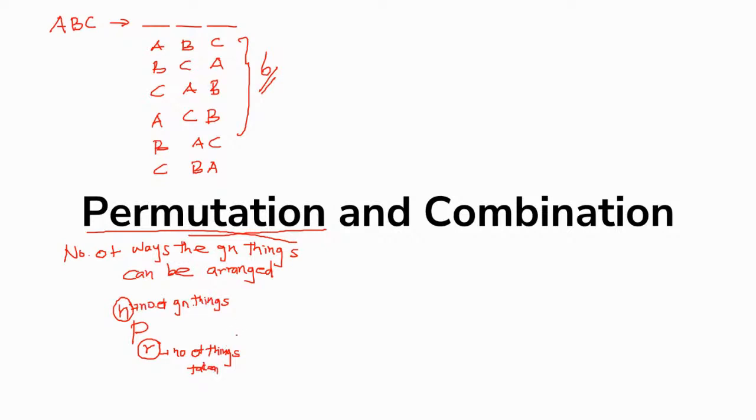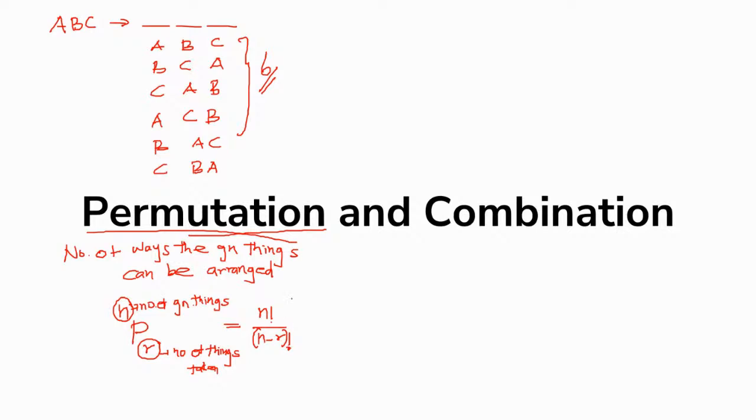So n is the number of things given and r is the number of things taken. The formula is nPr, where P represents permutations, equal to n factorial divided by (n minus r) factorial.